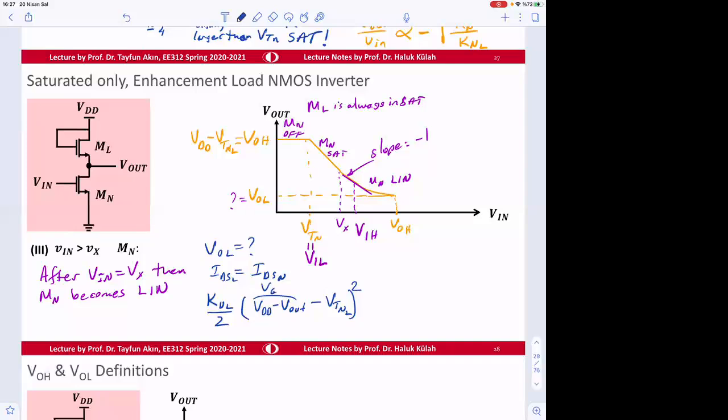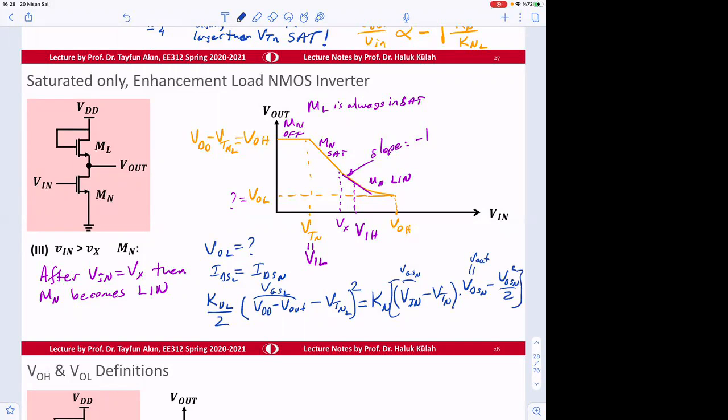This one is V gate to source of L, and it is equal to Kn times (V gate to source of N, which is V in, minus V threshold of N) times V drain to source of N, which is V out, minus V drain to source of N squared divided by 2.